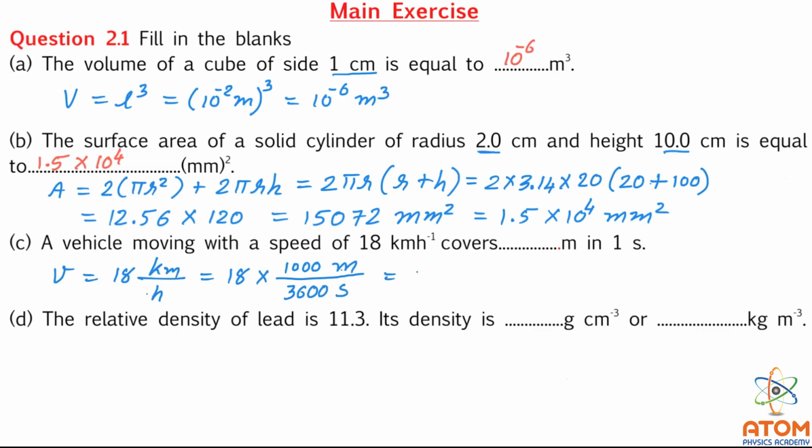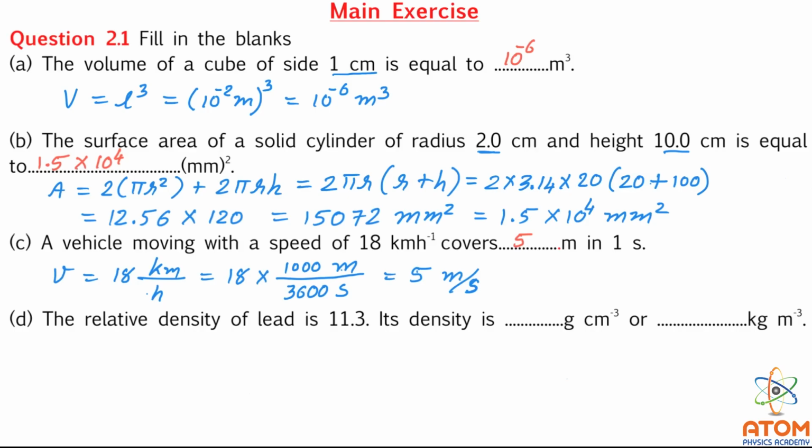Now we can solve this and we will get 5 meter per second. That means this vehicle can cover 5 meter of distance in 1 second. So I should write here 5 meter in 1 second.